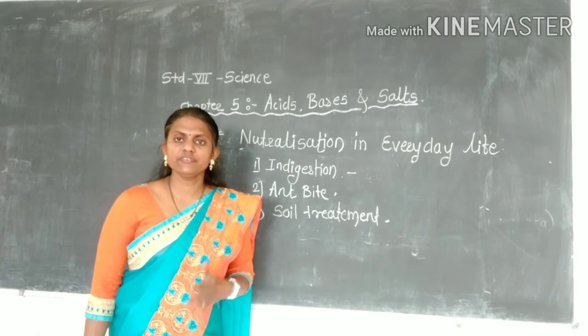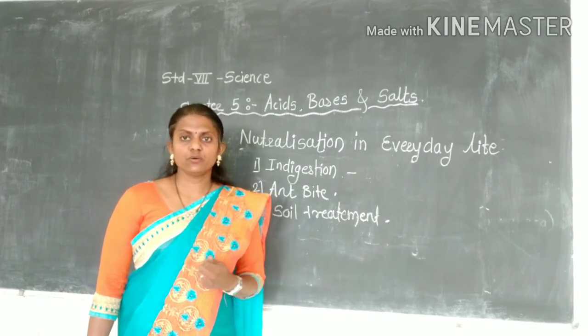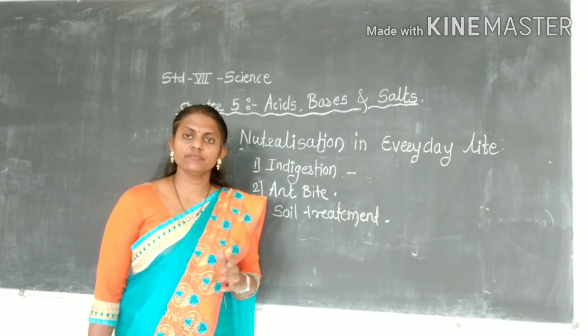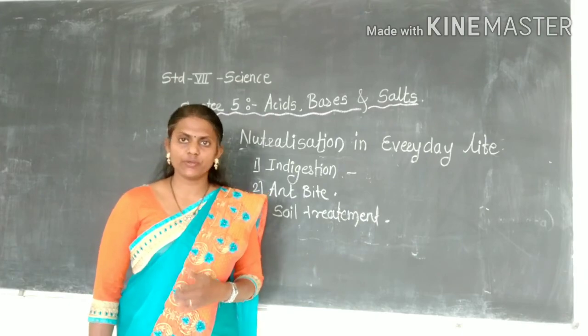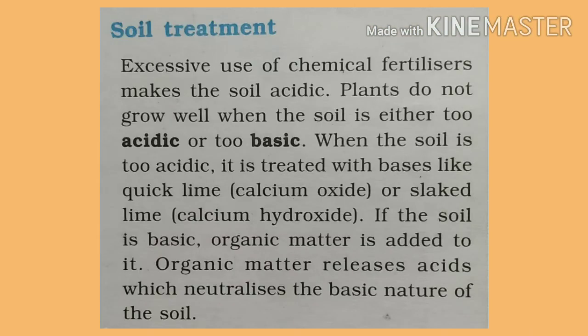So we can identify the pH of our soil and treat it. Excessive use of chemical fertilizers makes the soil acidic, and plants do not grow very well when the soil is either too acidic or too basic.